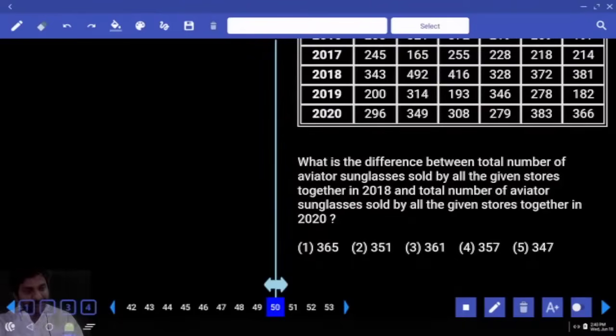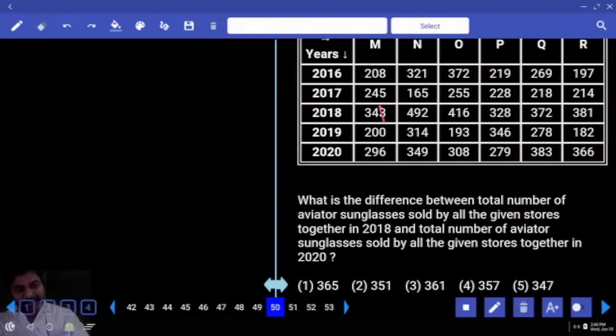Let me verify that. 3 plus 2, 5 plus 6, 1, 9, 1, 2. ఎన్ని క్యారీస్ వచ్చాయి ఇప్పటికి?